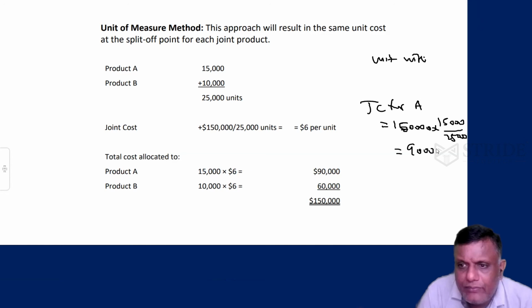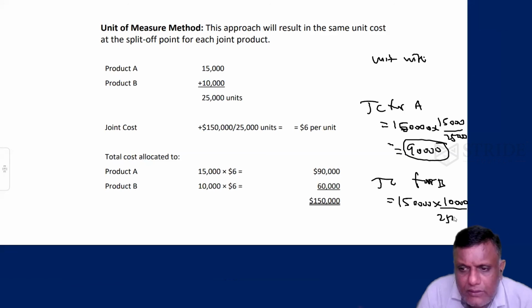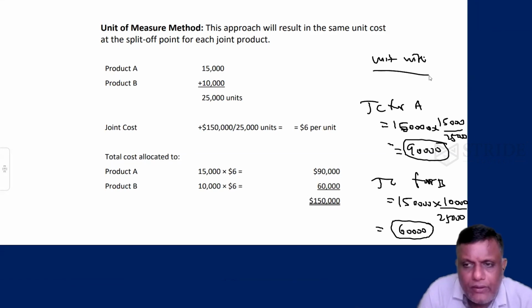On a unit basis, it is 90,000 rupees. The joint cost for B is equivalent to $150,000 into 10,000 by 25,000, which is equal to 60,000. So 90,000 and 60,000 allocated. That is the unit wise joint cost apportionment.